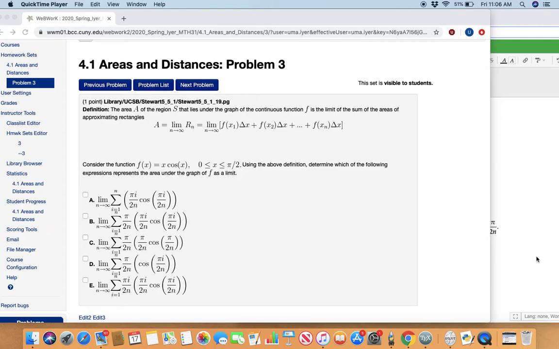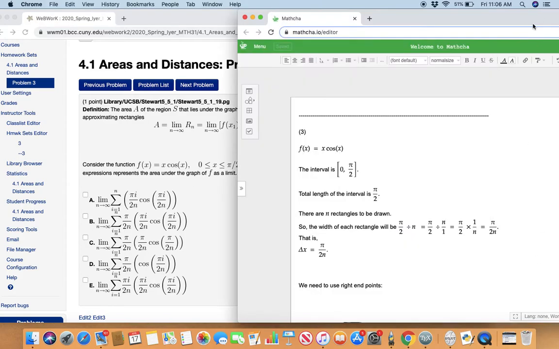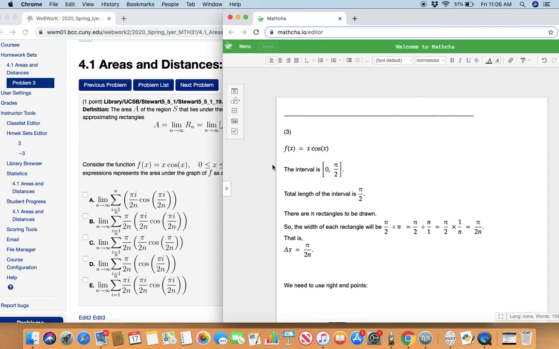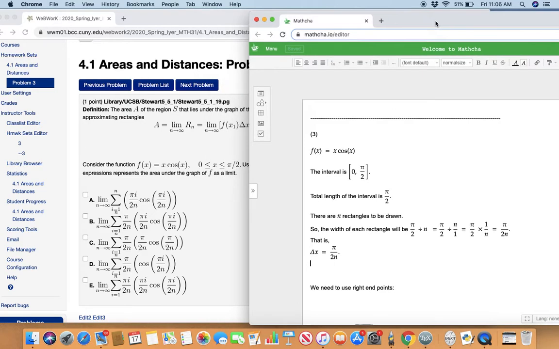Okay, this is a good example. My function is x times cosine x. The interval is 0 to pi over 2. That's what I'm told. So, what is the total length of the interval? It is pi over 2 minus 0. Total length is pi over 2.